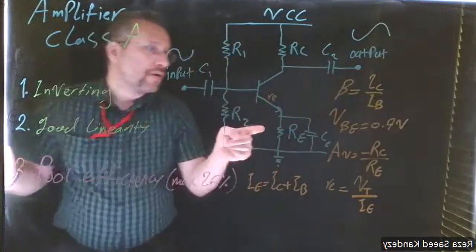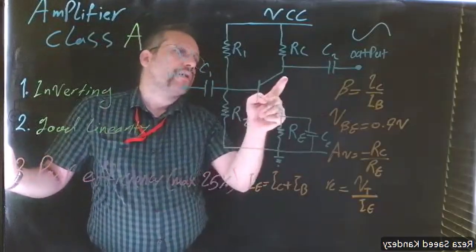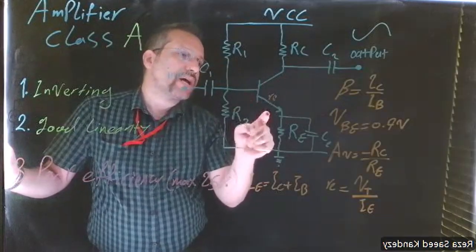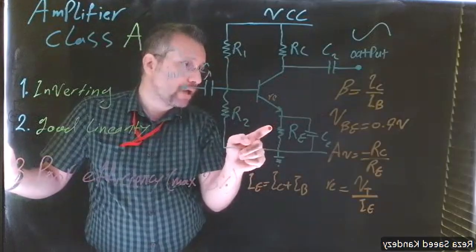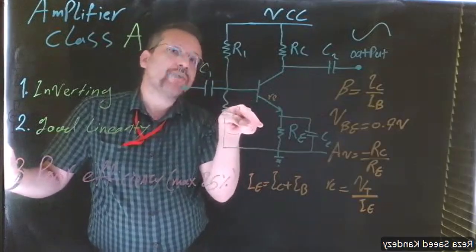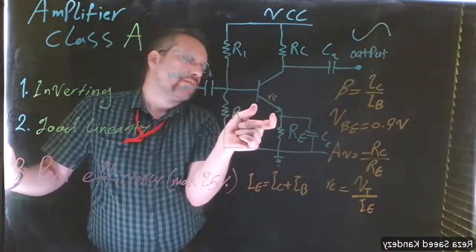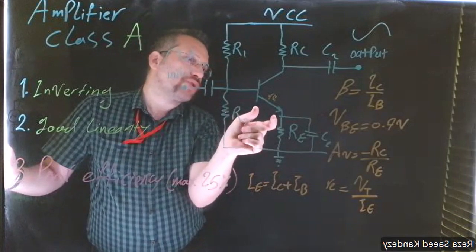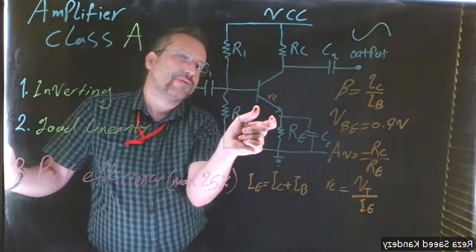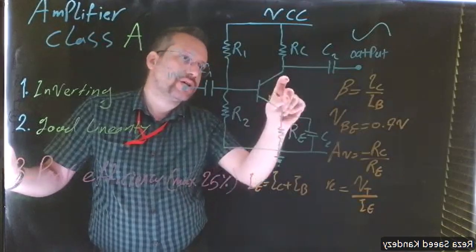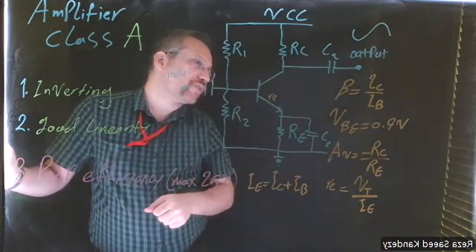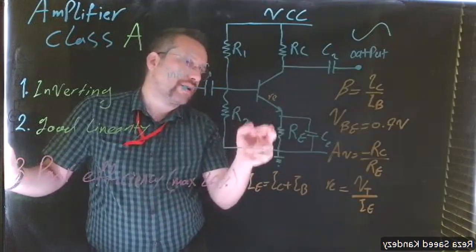Now, why do we need RE? If you don't have an RE, the resistance that the BJT sees toward the emitter can be defined based on the voltage across the emitter, which is the thermal voltage, a physical characteristic of the BJT, divided by the current passing through that emitter.